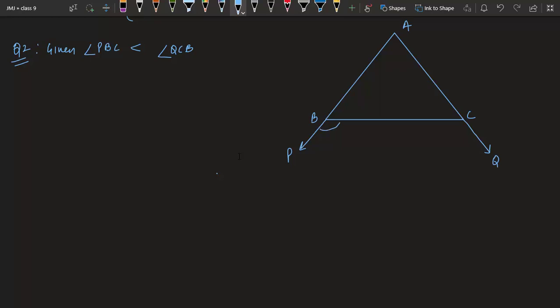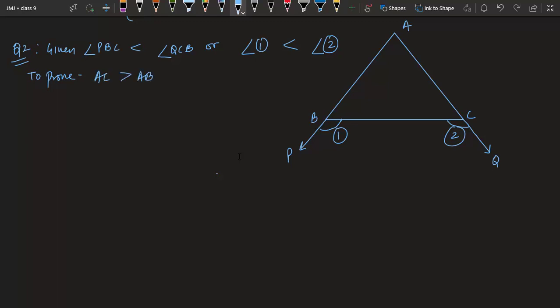PBC, that is this angle, suppose I call it 1, is less than angle QCB, that is 2. So we can say angle 1 is less than angle 2. It is given to us. The question wants us to prove AC is more than AB.